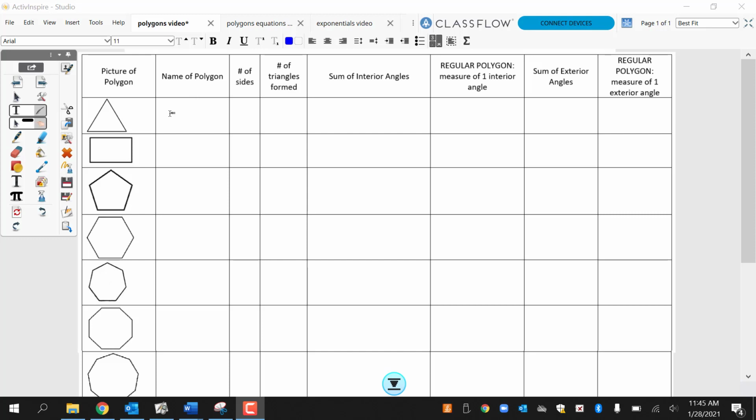So obviously we know that the name of our first three-sided shape is a triangle. We're going to go through and name all of them first. 4 sides is a quadrilateral. 5 sides is a pentagon. 6 sides is a hexagon. 7 sides is a heptagon. 8 sides, octagon.